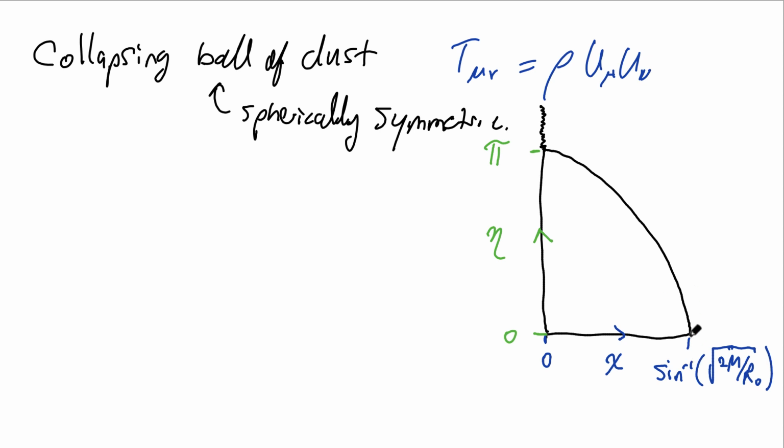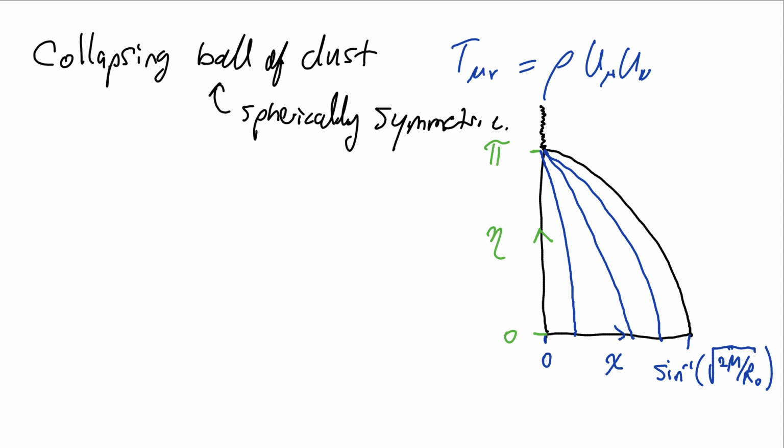And now let me draw a few of the coordinate lines. So these lines are lines of constant chi. And the surface of the star itself is a surface of constant chi with the value given by sine inverse of square root 2m over r0.